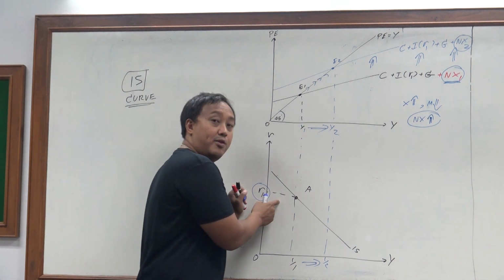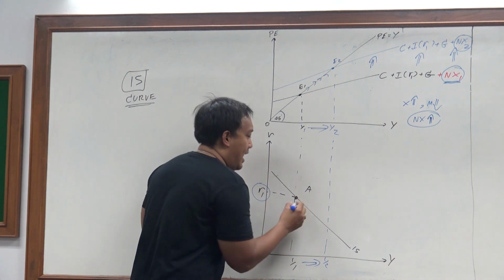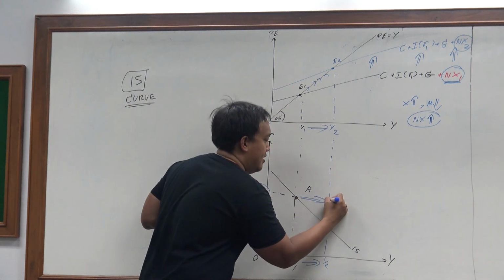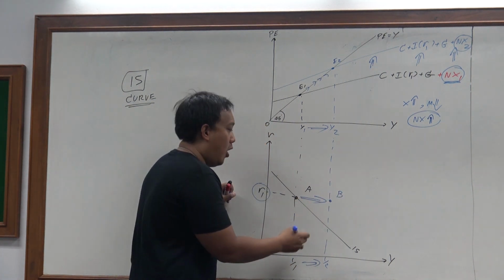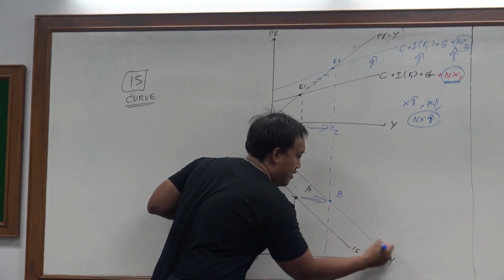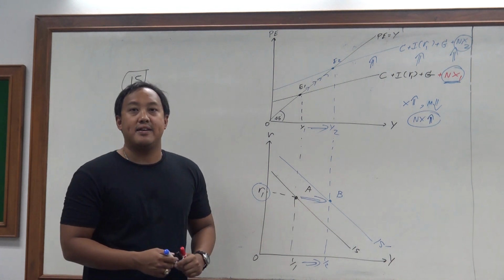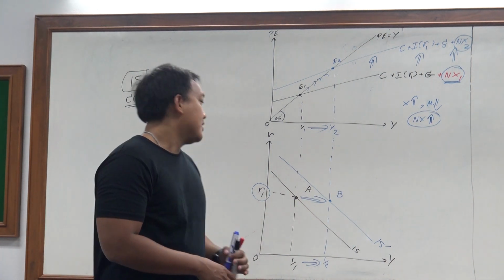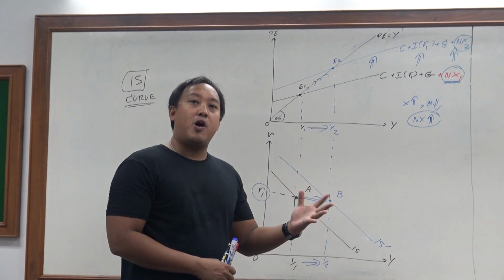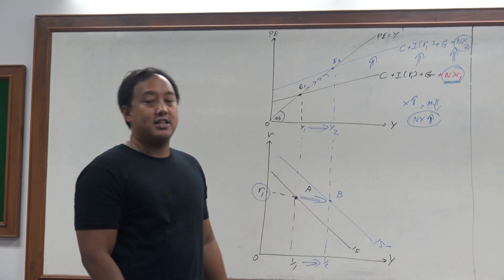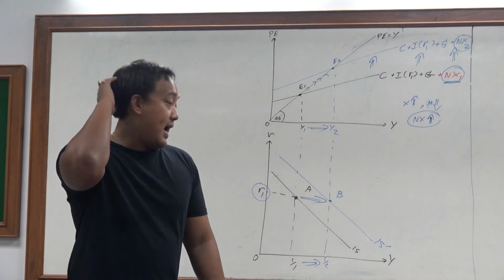Since the real interest rate is still here at R1, it's like the case of moving from point A to point B. The whole curve shifts to the right. So this is how export and import affect the IS curve.